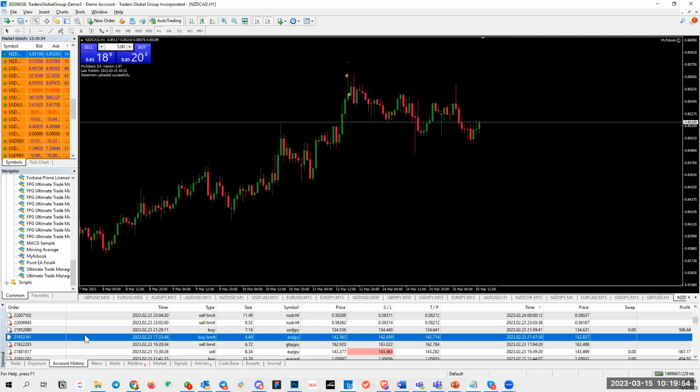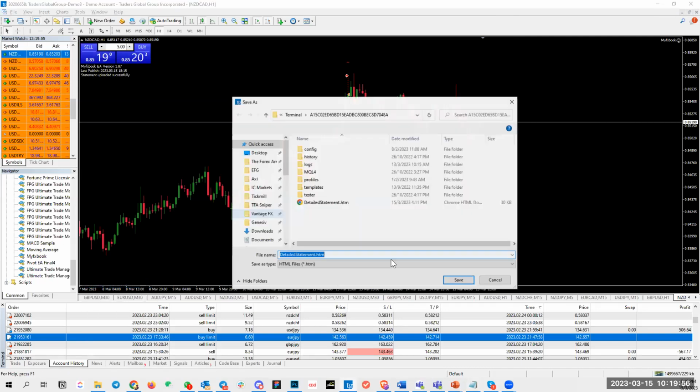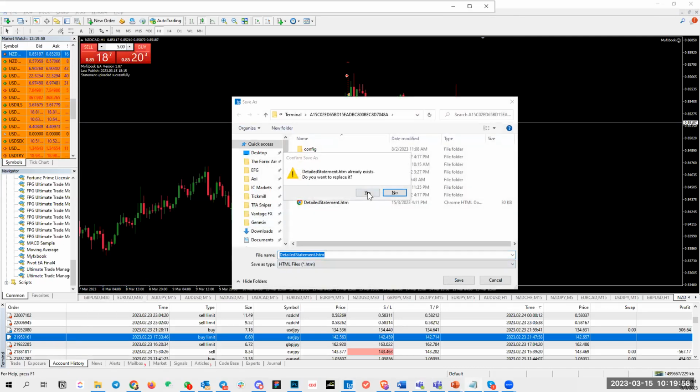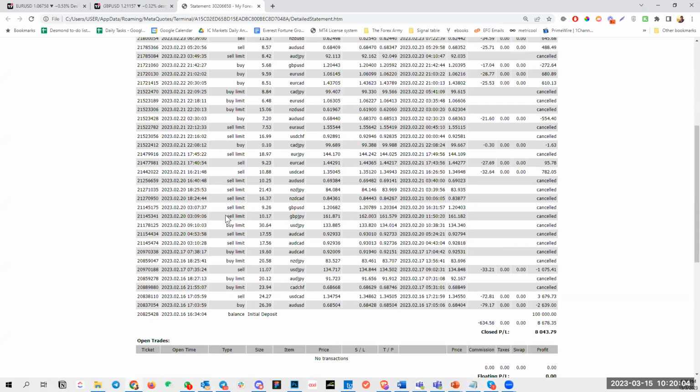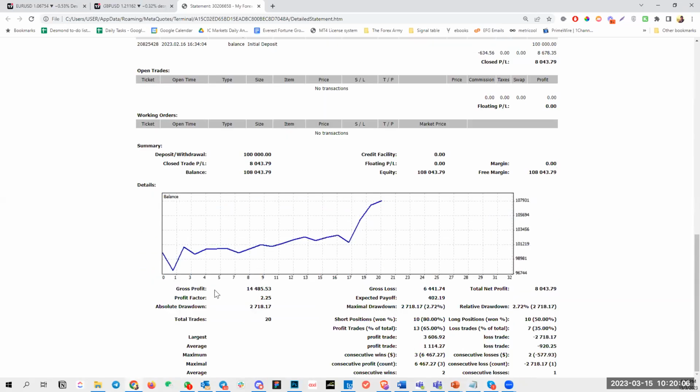So as you can see, let's save it as a detailed report. Yep, detailed report. There you go. It's a good amount of trades that you see over here. You got about an 8% profit with a 2.7% drawdown, an 80% win rate for short positions and 50% win rate for long positions.